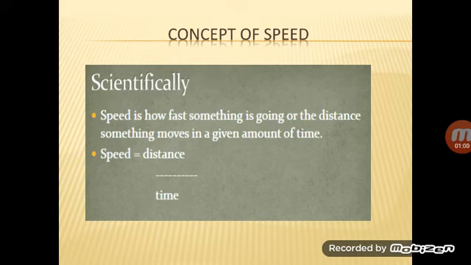When we define speed, we usually think about how fast something is moving. More specifically, the speed of an object is defined as the distance traveled by the object per unit time. Hence, we can conclude that speed equals distance traveled per time taken.